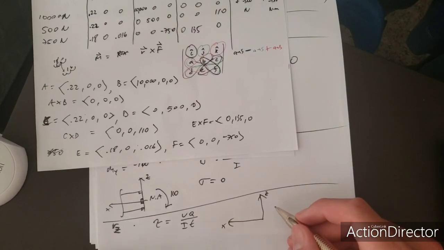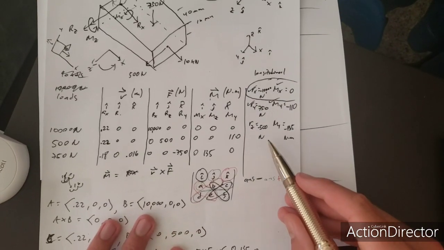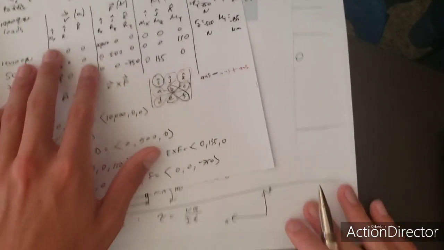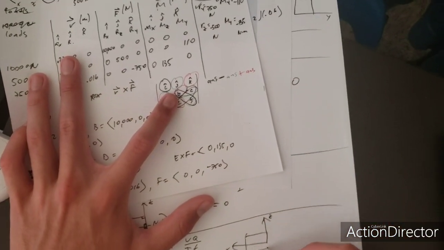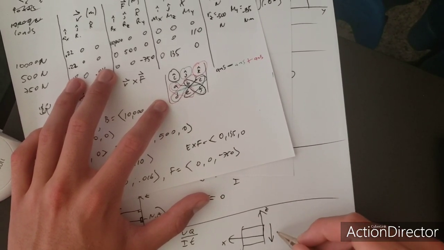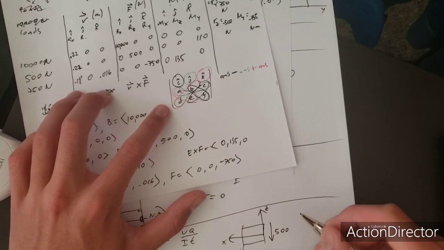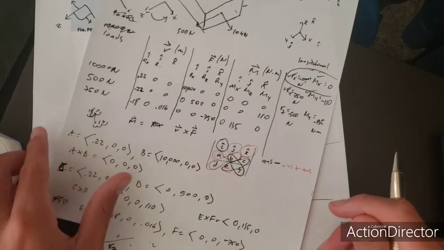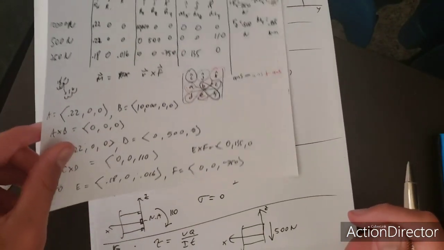And what we found was negative 500. So if we know that this is positive, that's a cut. It's going to go down 500 newtons.